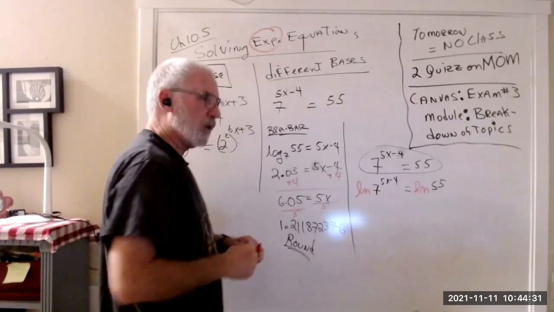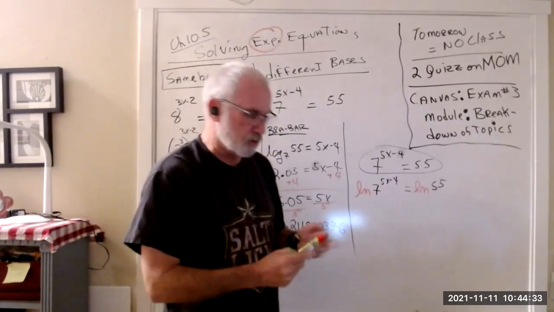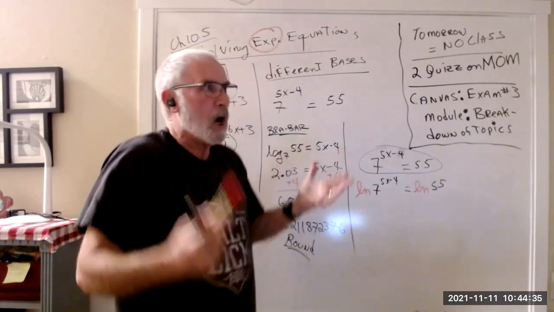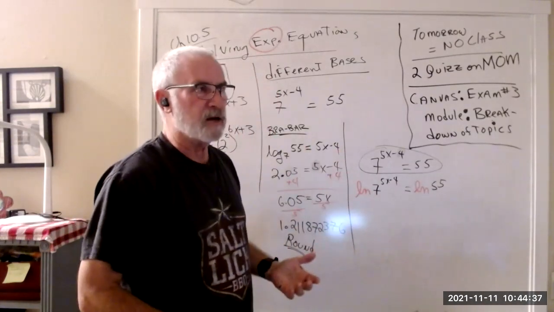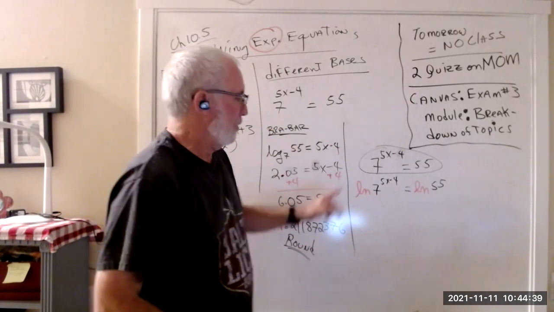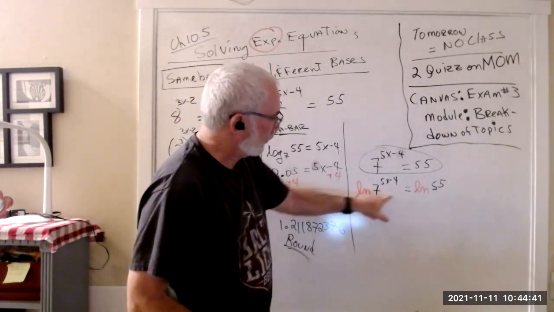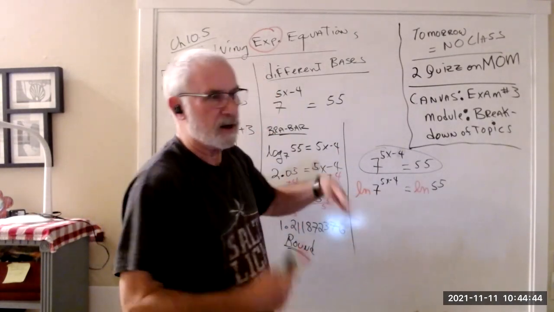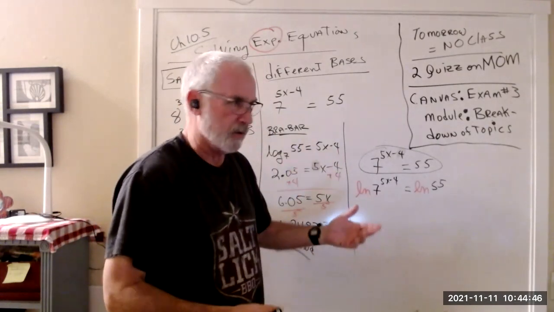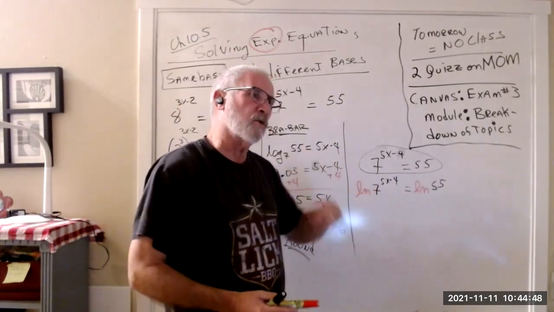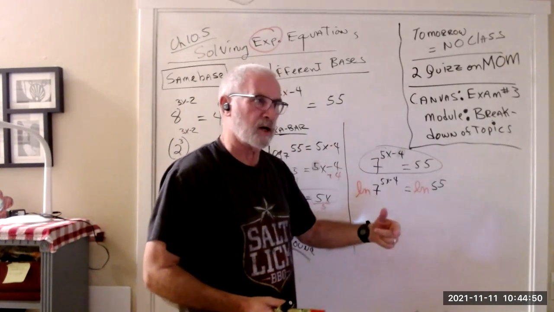Got it. So the question all you students have to answer is why? Why did he take the ln of both sides? Because once you write this as a logarithm, and remember ln is just a fancy logarithm, you're allowed to use those log laws that we talked about.